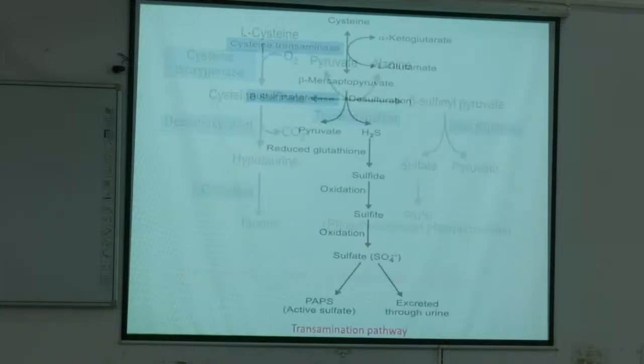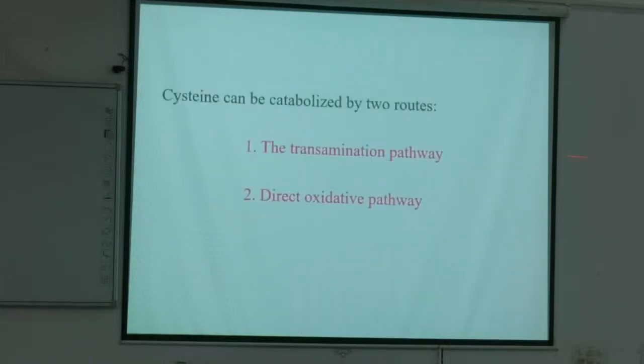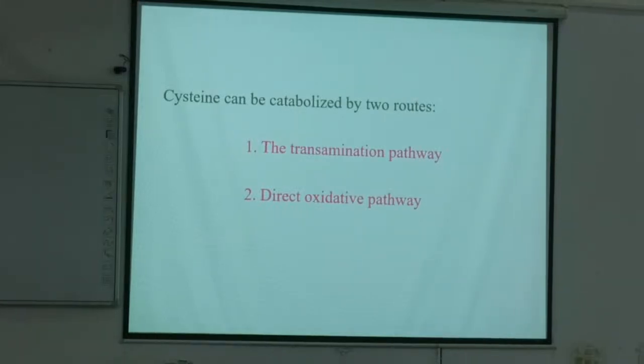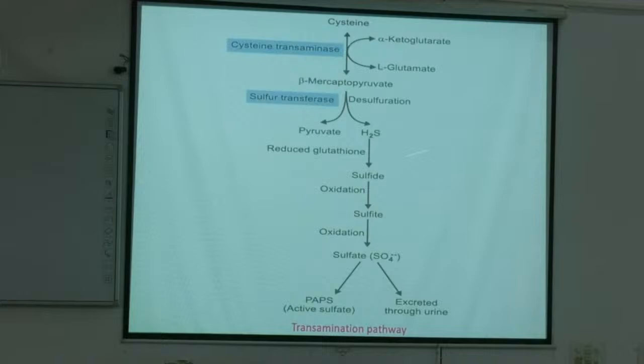The first pathway we call the transamination pathway, the second pathway is called the direct oxidative pathway. In some of the books it is given directly as I write here; in some of the books they mention it as 2 pathways. Reduced glutathione is required for these reactions.